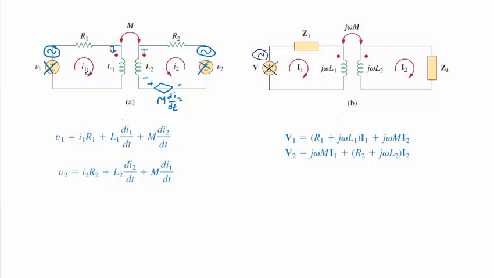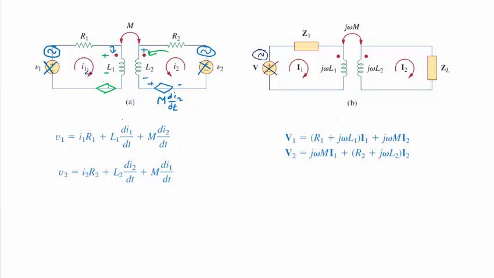Similarly, and I'll change color to help keep track of the accounting here. Similarly, I have current going into the dot on this side, so that means that on the primary side, the polarity of the induced voltage from the secondary side goes this way. The positive is at the dot. That's equivalent to putting a little induced voltage in my mesh equation right here.